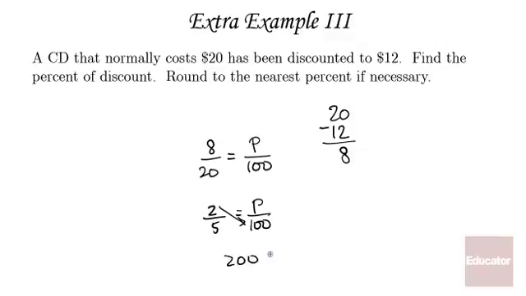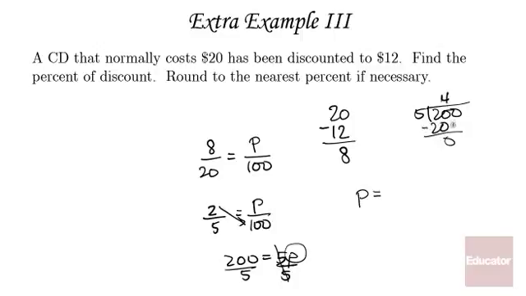I have 200 equals 5p. Divide both sides by 5, isolating p, and 5 goes in 4. Bring down the 0 and goes in 0. So once again, same as other problem, my percent of discount is 40%.